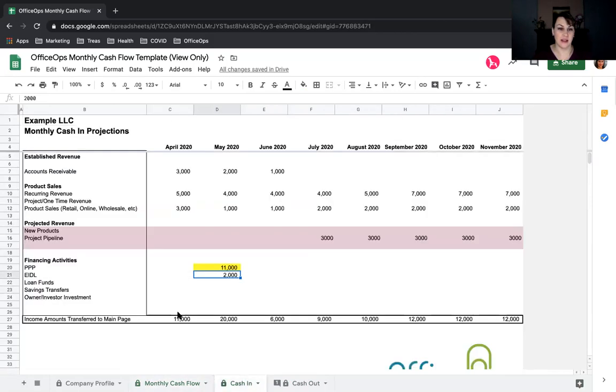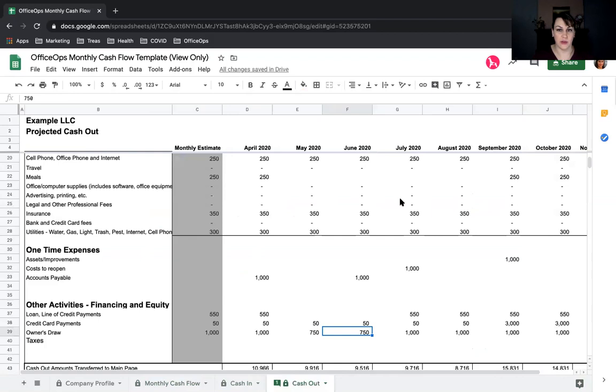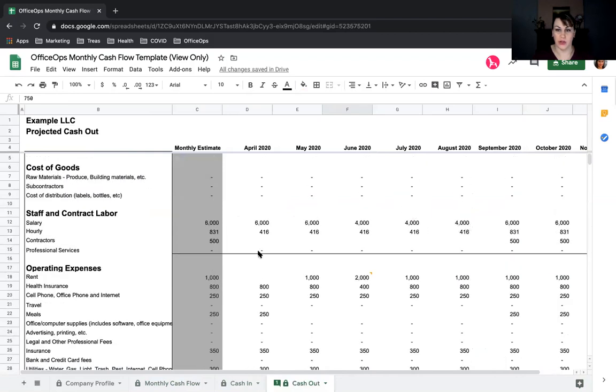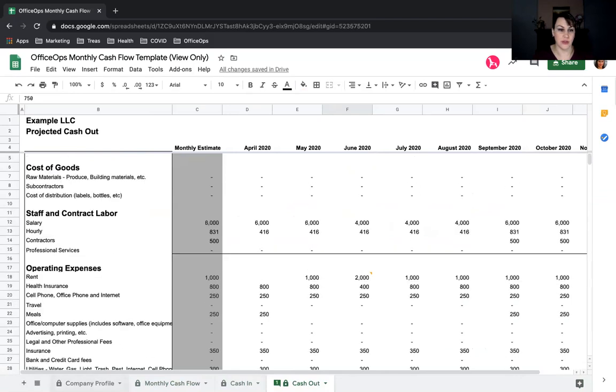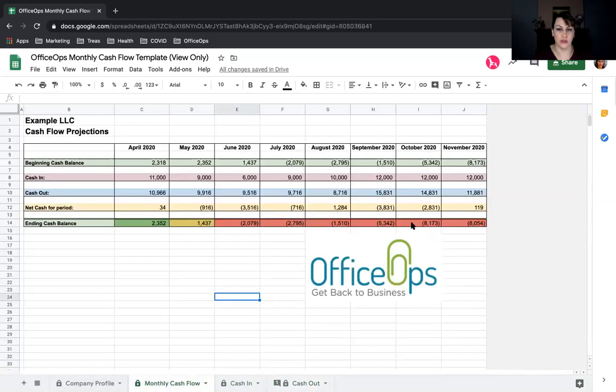If we did not get that PPP, we would have had to look a little more closely at how we're going to bring in more revenue and find ways to make more cuts. So that's what this tool really does. This tool gives you the flexibility to see in real time what those different changes are going to do for your bottom line and what's going to help you stay positive with your cash flow.